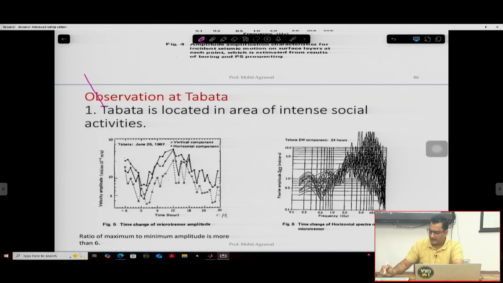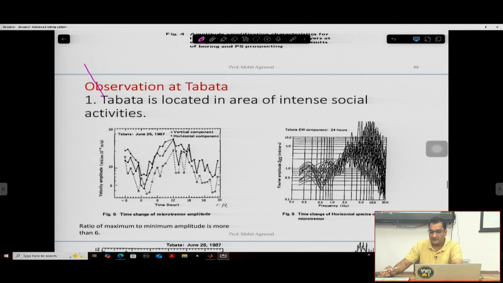Okay, here the ratio of maximum to minimum amplitude is more than 6, because this particular area was an area of intense social activities.